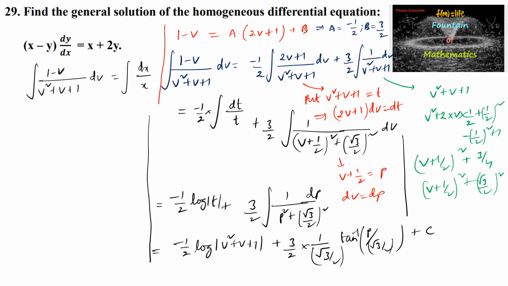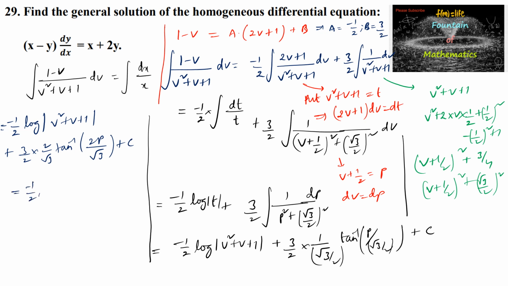So finally we can write minus 1 by 2 log mod of v square plus v plus 1 plus 3 by 2 into 2 by root 3 tan inverse of 2p divided by root 3 plus c.